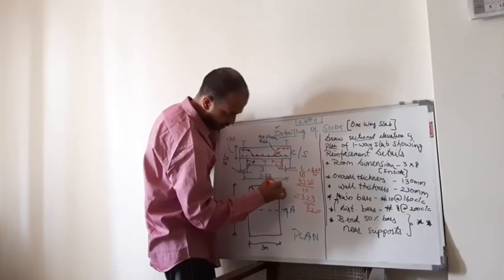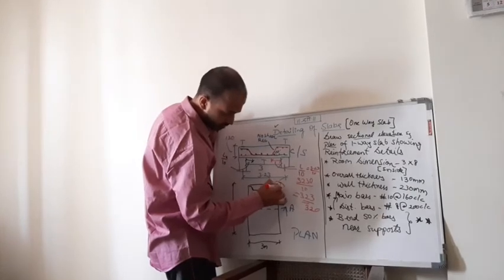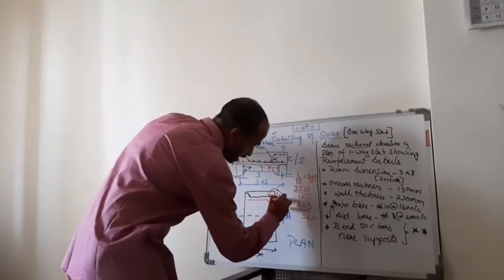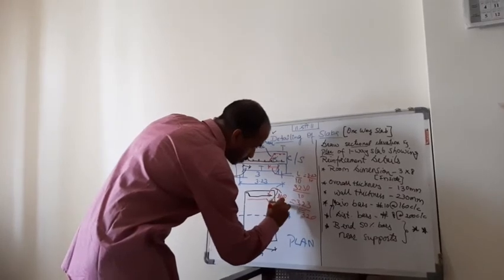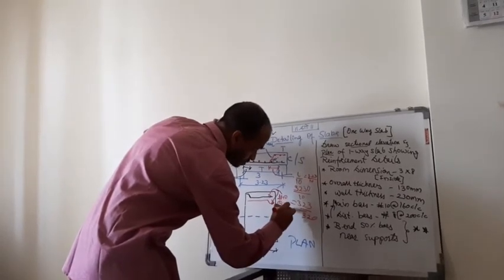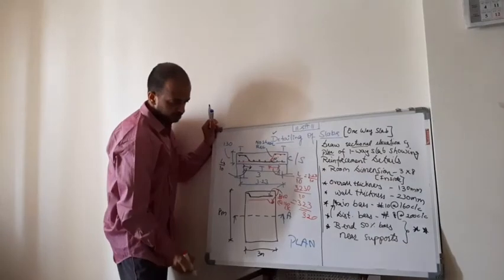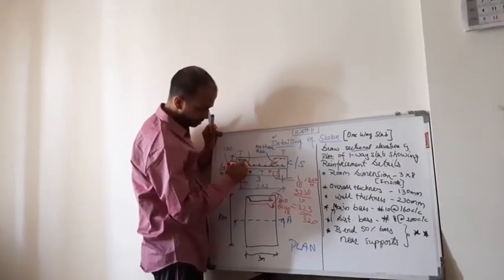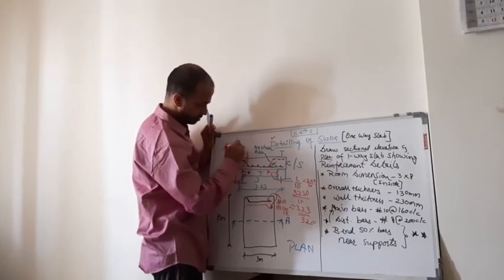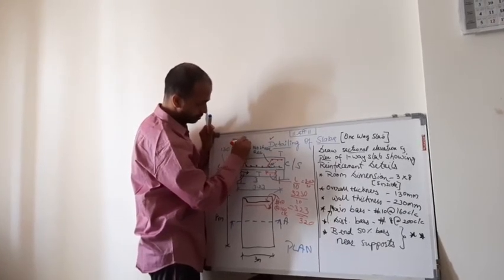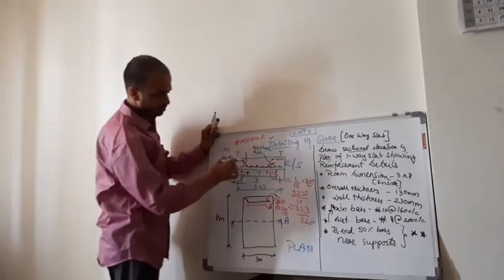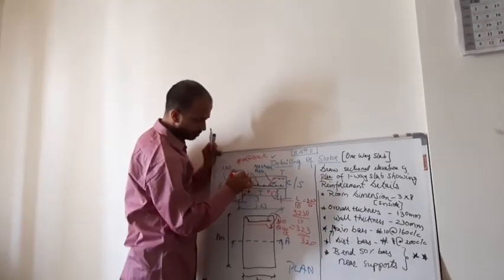Okay, so this is my main reinforcement, given as phi 10 at 160 center to center. Okay, same thing is to be noted here. This as well as this is phi 10 at 160 center to center. This will be the distribution steel.